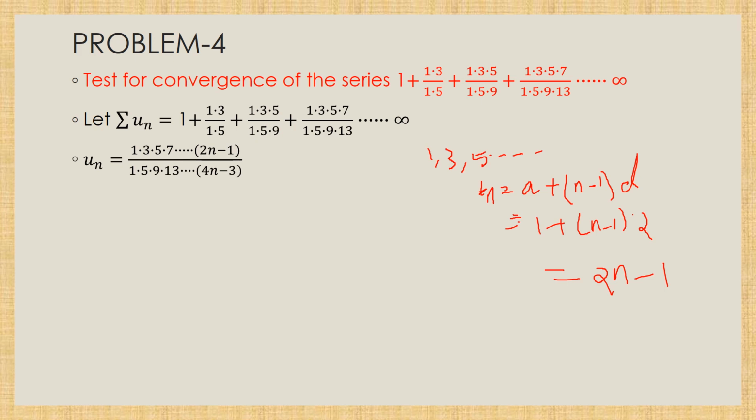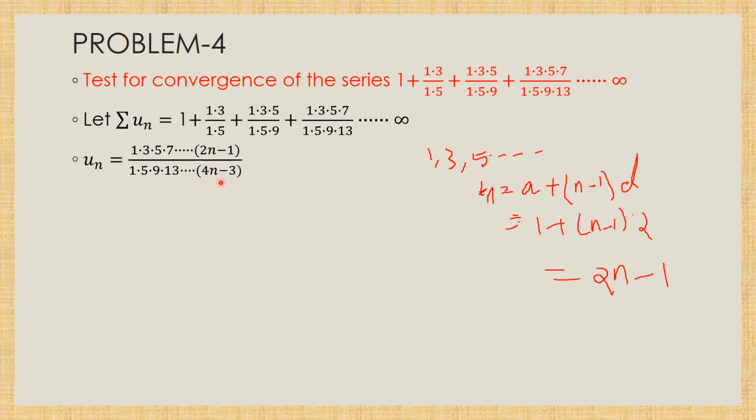This is the nth term of the first numerator. So we write un equal to 1, 3, 5, 7 etc. 2n minus 1. Now the denominator is also an arithmetic progression. So here also, to find the nth term, we use the arithmetic progression formula for the nth term. We get 4n minus 3.